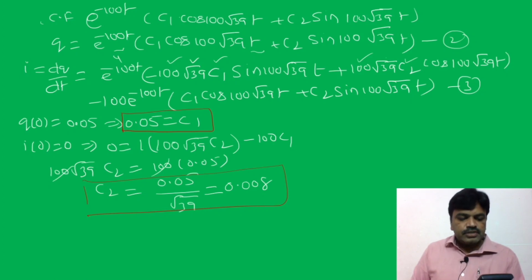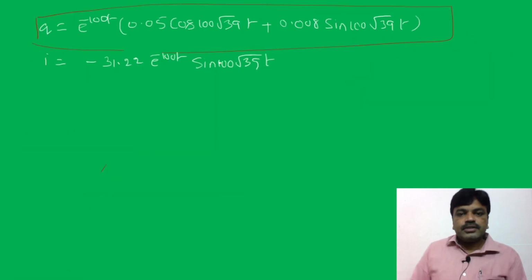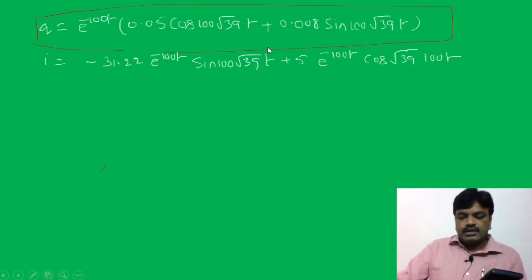We get this value as 4.99, that means this value is 5. So we get plus 5 e power minus 100t cos 100 root 39t.